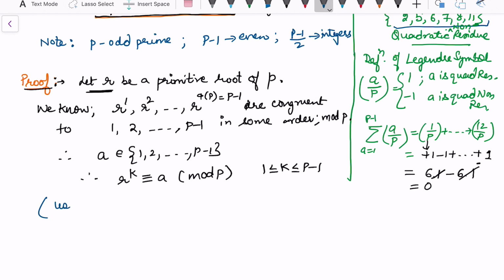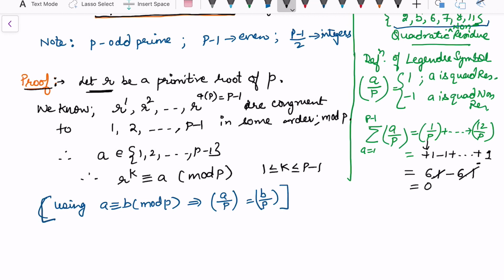And using the result that if A is congruent to B modulo P, this implies the Legendre symbol A by P is the same as B by P, I can write this previous congruence as A by P is the same as R to the power K by P.